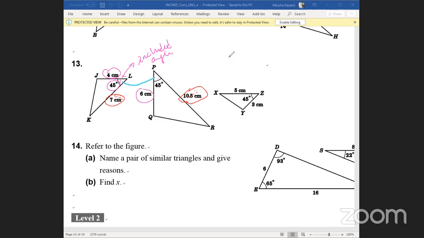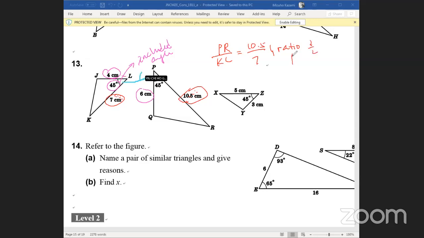And then what we just calculated, say PR divided by KL, which is 10.5 divided by 7. This is called the ratio, 3/2.